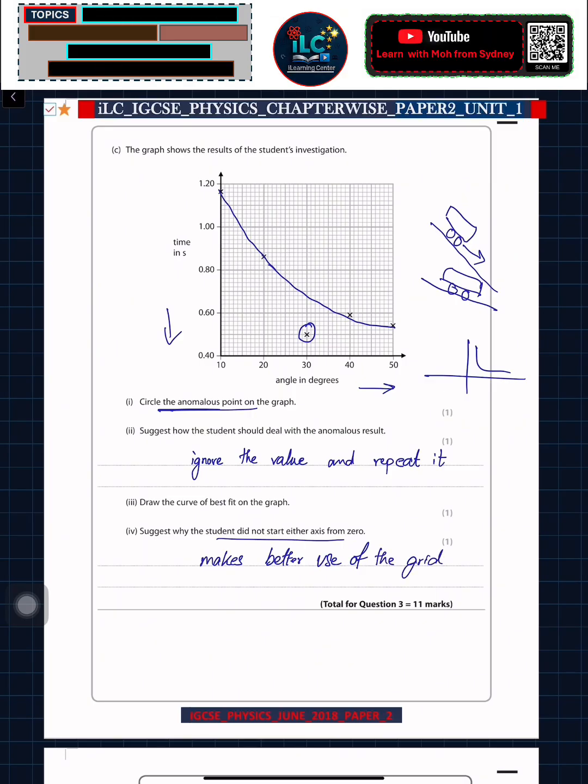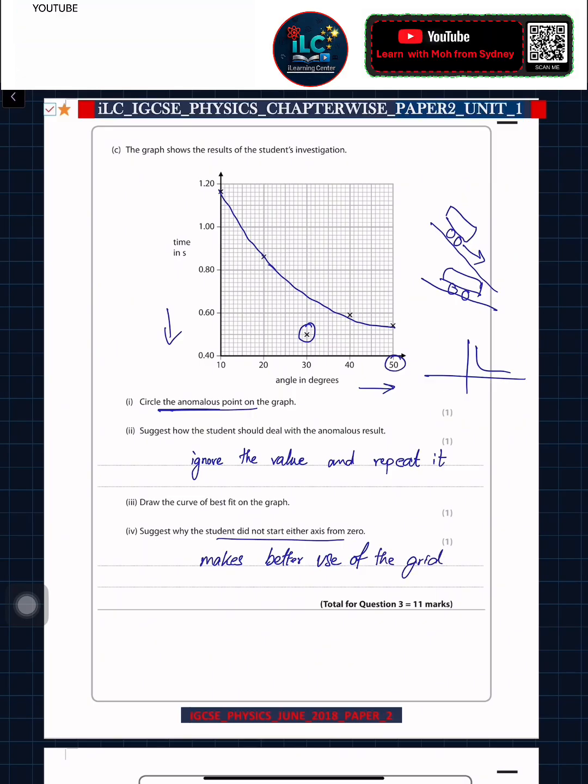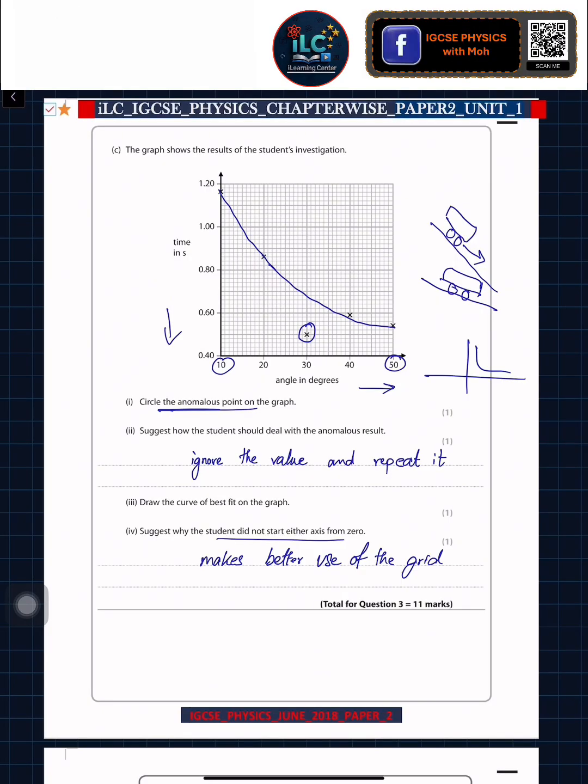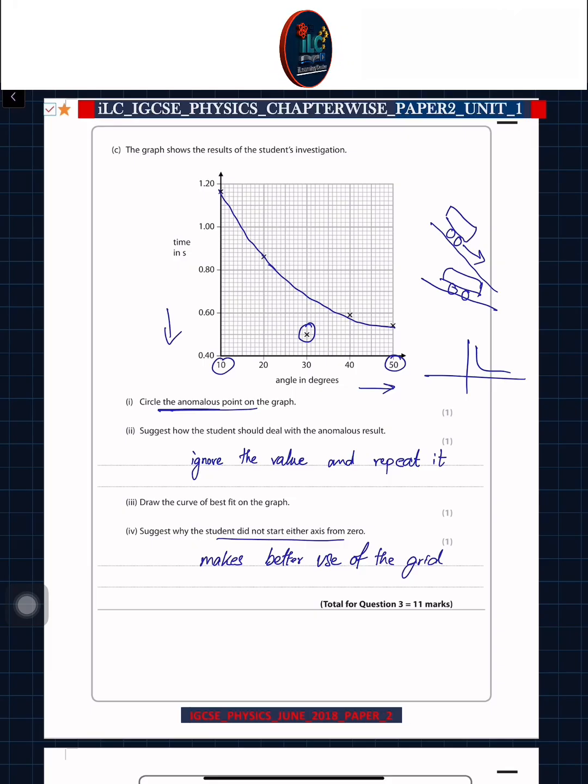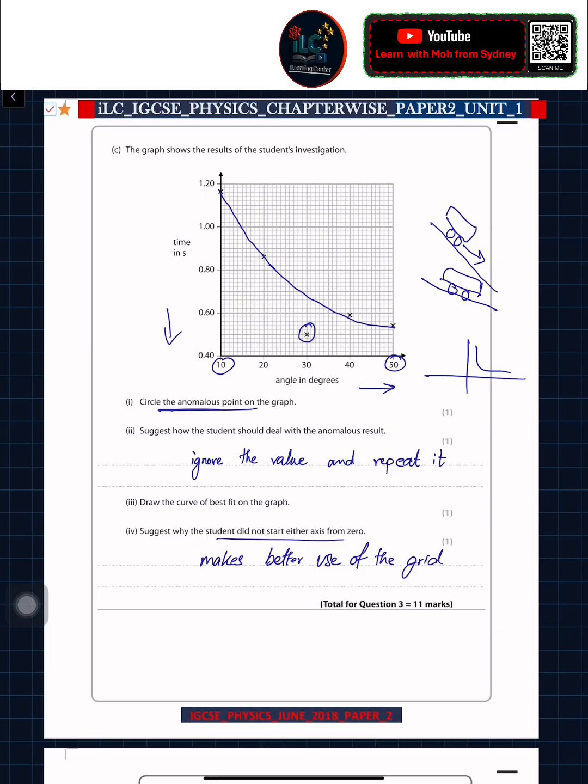He's trying to use all the values that he has for the grids. Otherwise, if he started from 0, he might not have used all the graph that he had. And also you won't have any readings for T0, so there's no point in taking it. Yeah, that's 11 marks. Should be good for you.